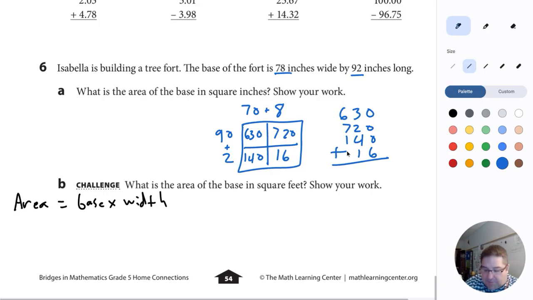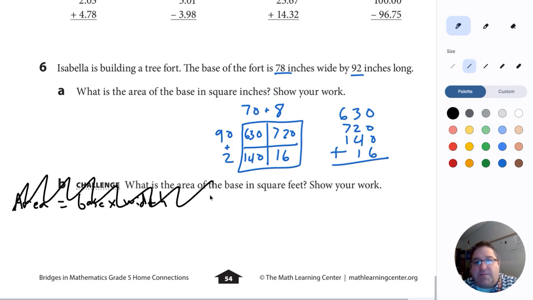So the top one was inches, and the second one says, what is it in square feet? But I told students, I'm not too worried about that part, so we'll talk a little bit in class, but you can get rid of this, okay? So again, the whole idea is if we know it's 78 by 92, the area is just, I meant to write the formula up here, area is just our width times length.